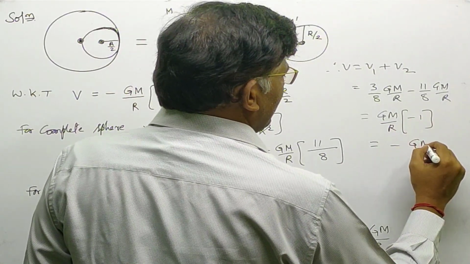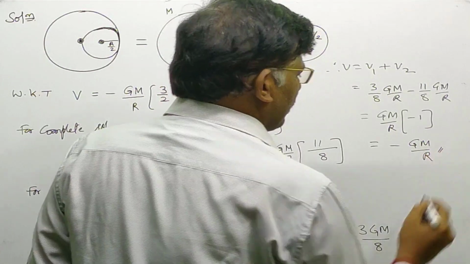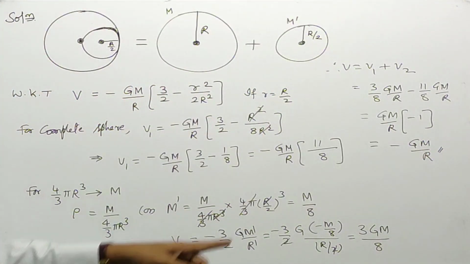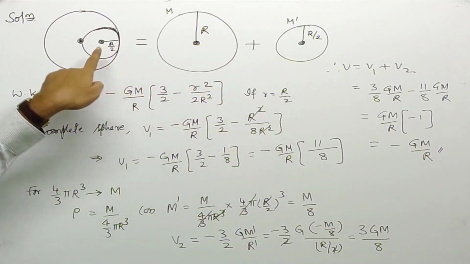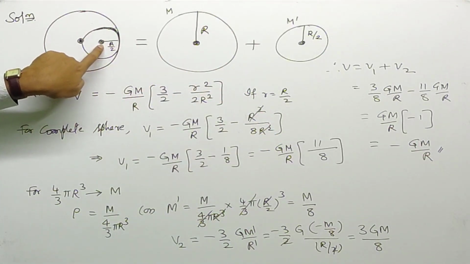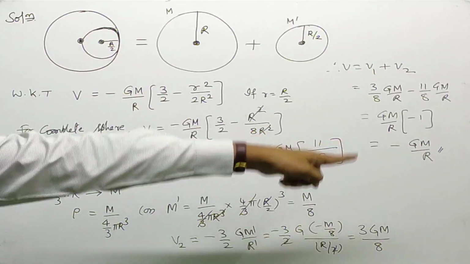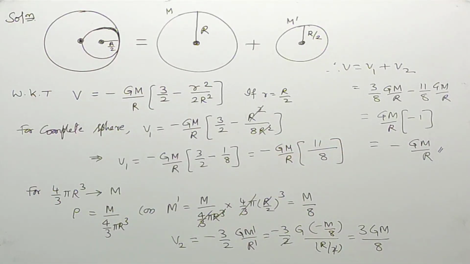Our answer is minus GM by R. This is the gravitational potential at the center of the removed portion: V is equal to minus GM by R.